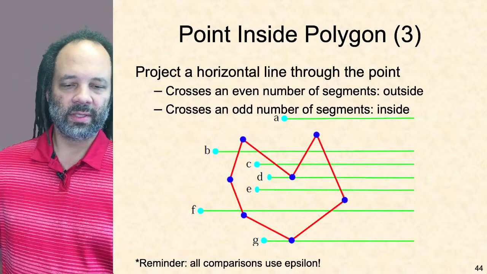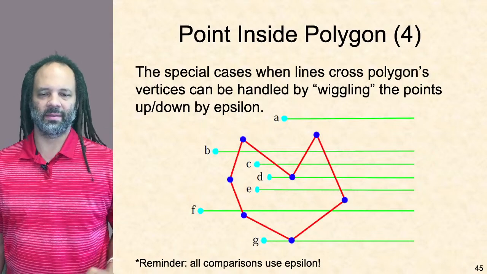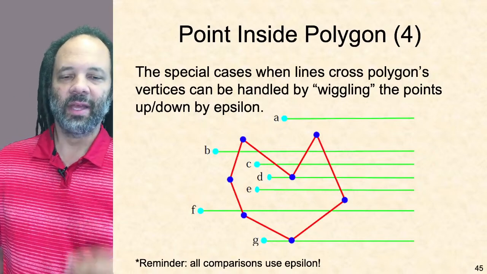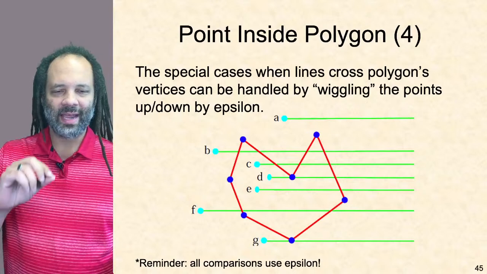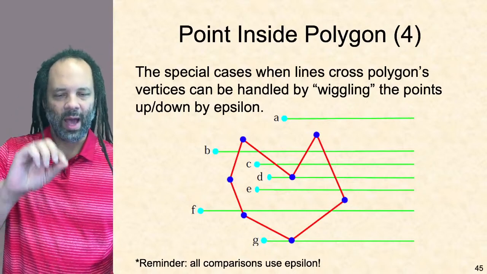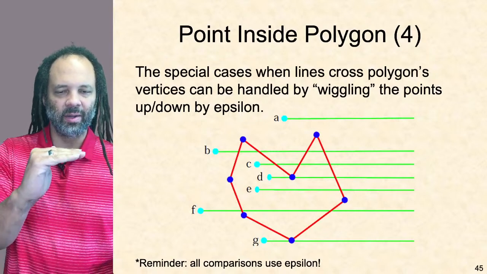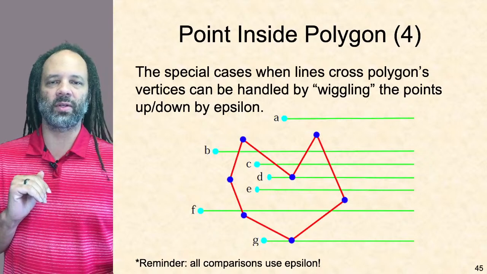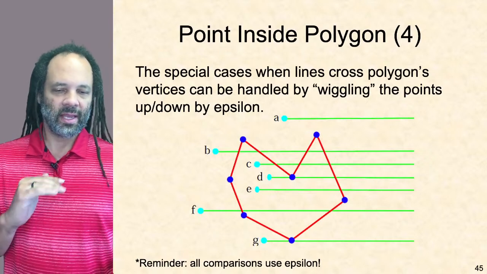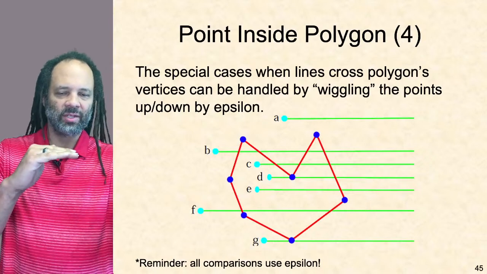Another way to do this, of course, is to use our epsilon. We can sort of do some wiggling. Technically, you wiggle it. So if I were to take this epsilon and add it to the y component of D, if I add it and it moves that D up just a little bit, so now it's no longer going through the vertex, but it's going through the edges, then you can see that instead of going through the vertex, I would hit 2 edges and then the third edge, and it would be there, right?